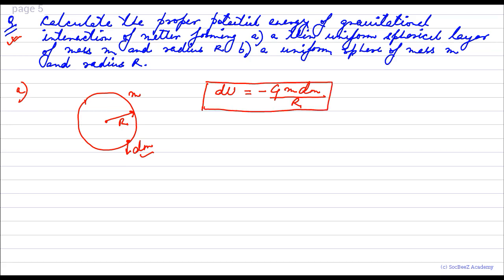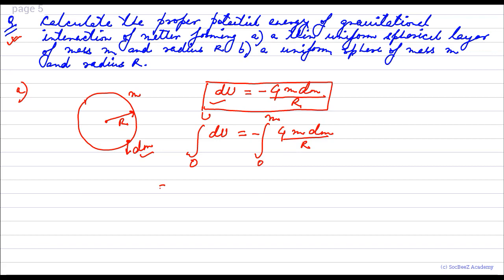In order to find the proper potential energy of gravitational interaction, I just need to integrate dU. So if I integrate dU, this would be from 0 to U, and this is going to be from 0 to m.